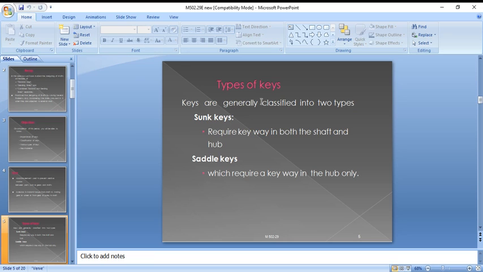To insert the key, we need to make a slot in the shaft or in the hub or in both shaft and hub. That slot is called a keyway. So the keyway is required in both shaft and hub for sunk keys, and only in the hub for saddle keys. Here the power transmission is purely by friction.